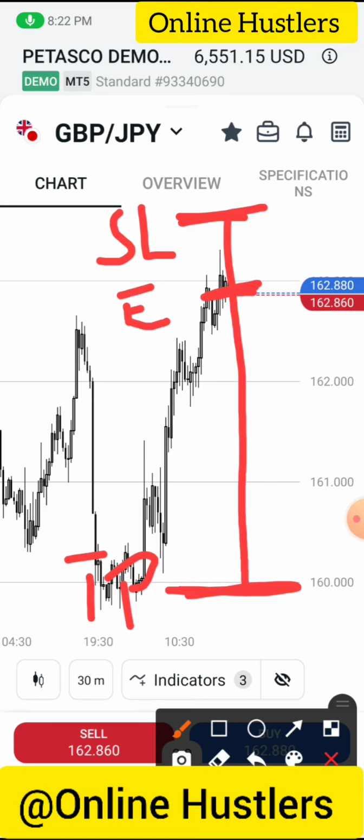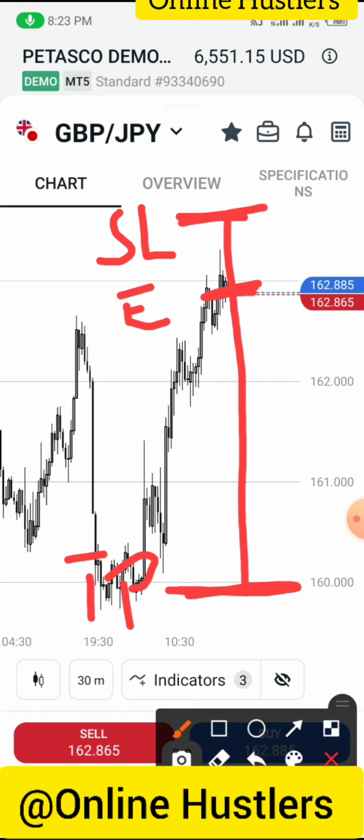So our stop loss will be above the entry. That's in the case of a sell position, that is short. And then the take profit will be below the entry. So basically that's what it is. So now that I've represented these fundamental three points on the chart, let's see how you can open a position with them.